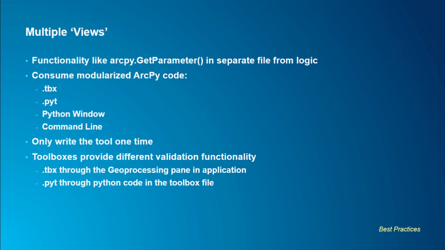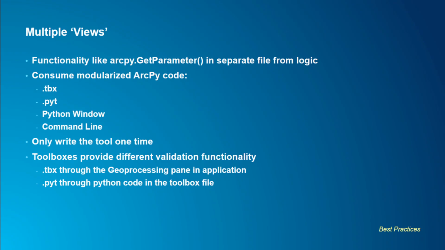I won't spend too much time on this one, but when we're talking about developing tools, this becomes powerful for a number of other reasons that aren't just in pure Python. When we're working with geoprocessing tools, there's a number of ways that we can access those: .tbx toolboxes, .pyt Python toolboxes, the Python window in the application, and also straight from the command line.